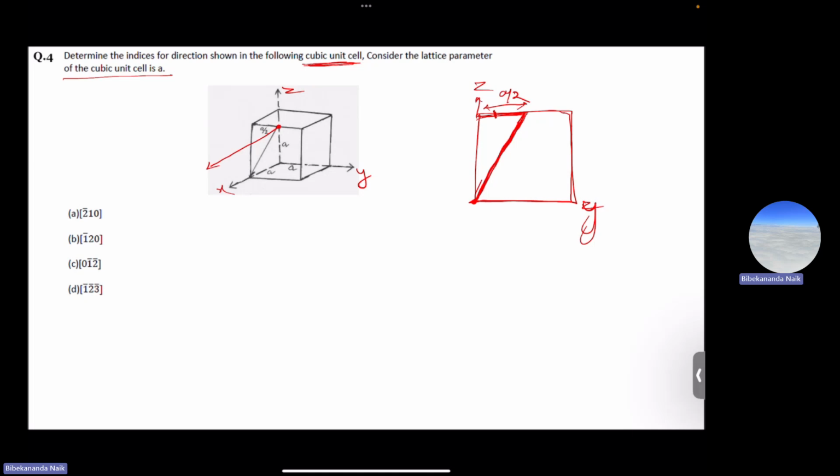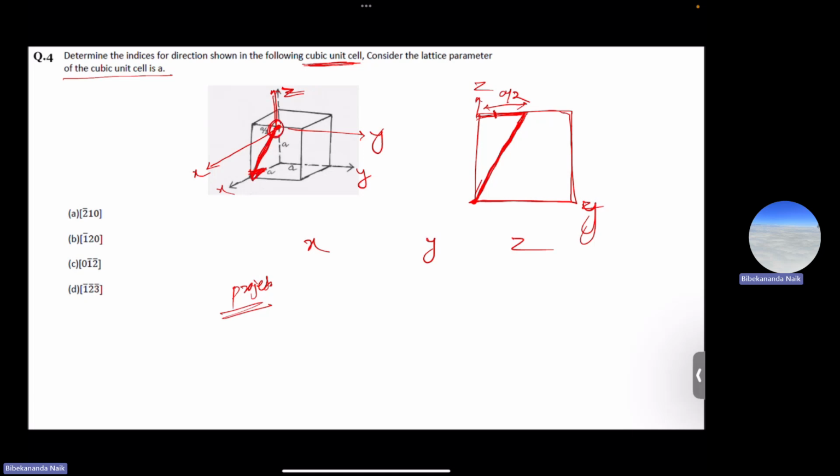This is X, this is Y, this is Z. So if you see here, the projections on X, Y, and Z, this is the actual vector.